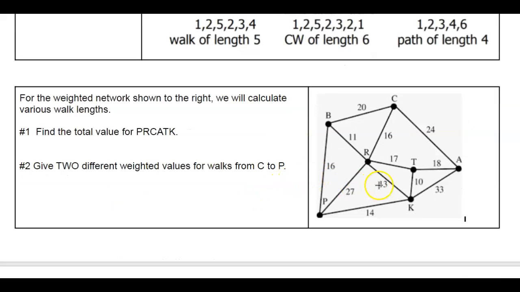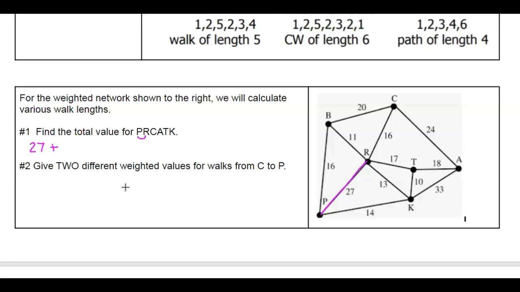Now we're going to assign some values to each of the edges. For number 1, it says find the total value for PRCATK. I'm going to use colors to add them all up. P to R is 27.